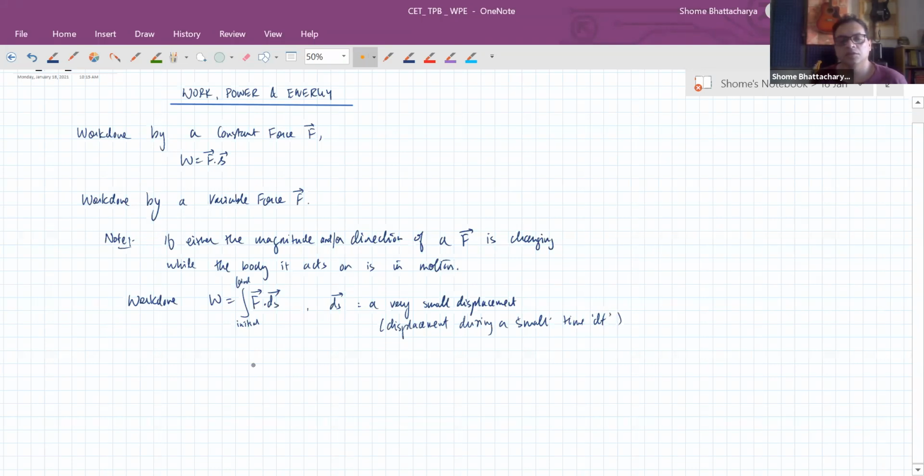And therefore work is defined as what we call the path integration of force, from the initial to the final location.